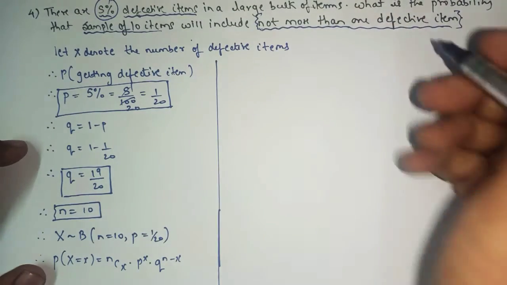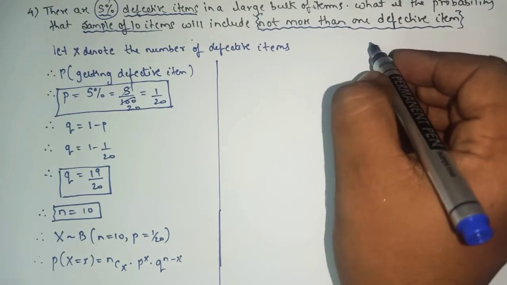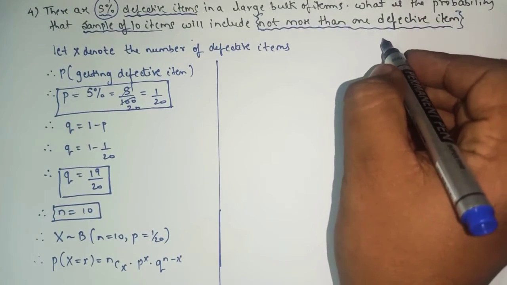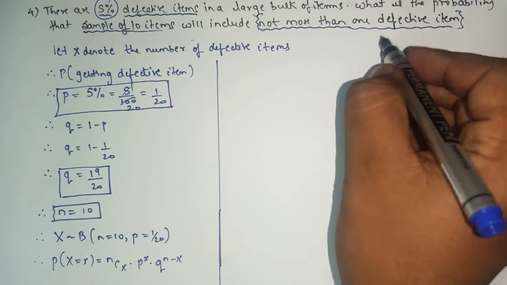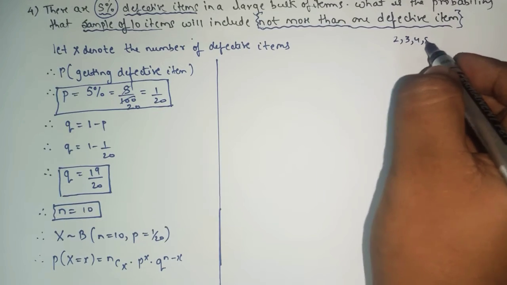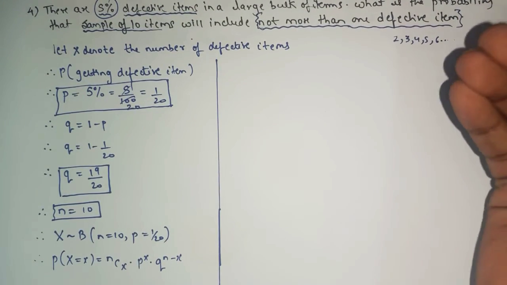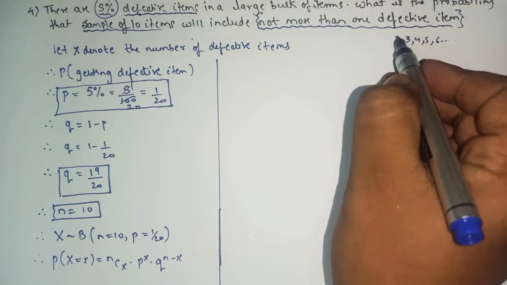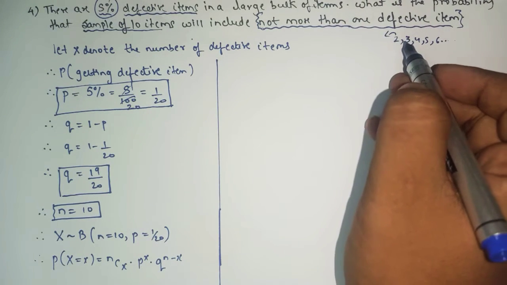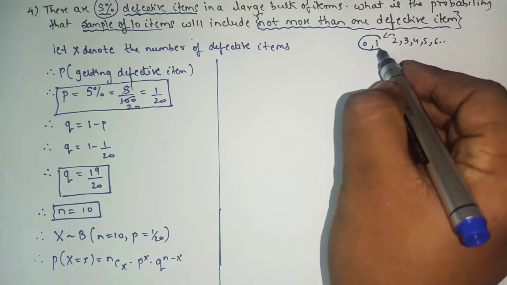It means it will not include 2, 3, 4, 5, 6, and so on. So what will it include? It will include less than 2. So we are left with 1 and 0.